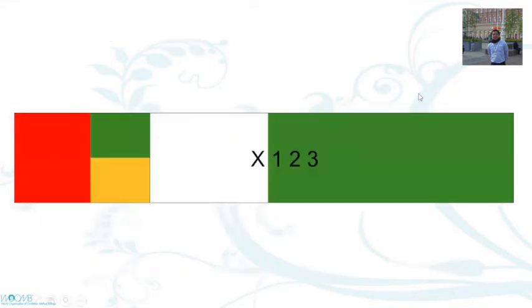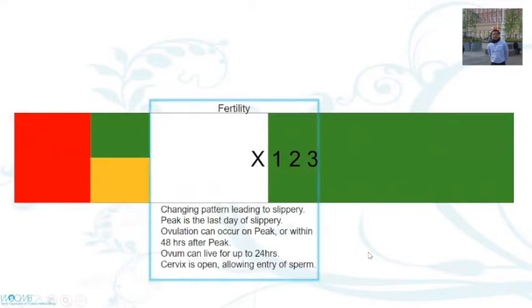Okay, so again, let's go back to the slide rule. We are done with the BIP we were discussing earlier. So we go now to the fertile period. When we speak of the fertile period, we are talking about the changing pattern of mucus, or the changing pattern of fertility.